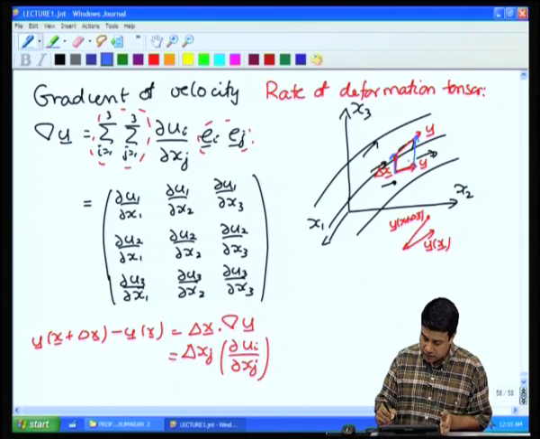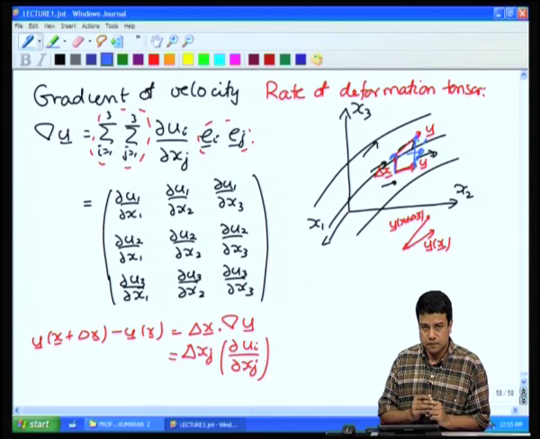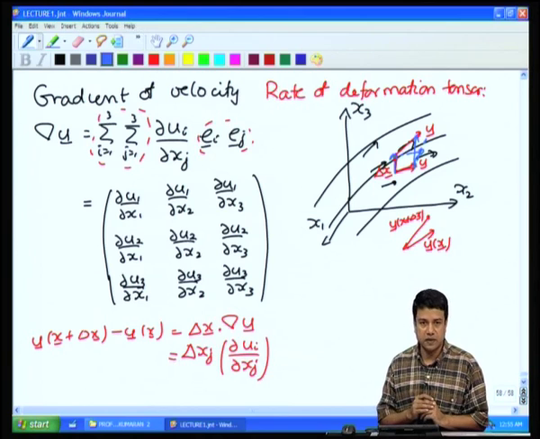On the other hand, if the difference in velocities has a component that is perpendicular to this direction, that means that this element is going to get rotated. So, there are different kinds of deformations. One is stretching, the other is rotation. Now, how do you describe these kinds of deformations without reference to a fundamental underlying coordinate system? That will be the next topic of our discussion.